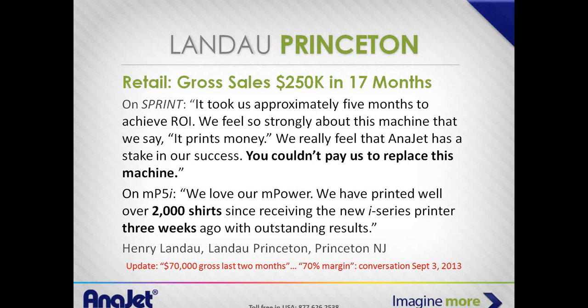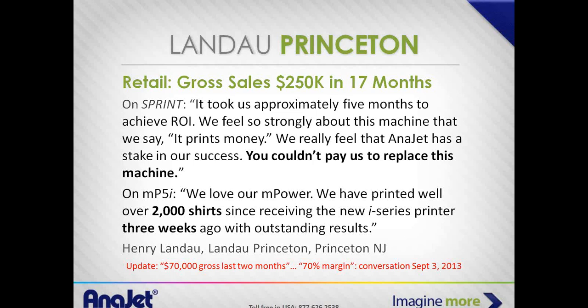He paid us because he traded the Sprint in and got an MP5i. And in a very short period of time, as you can see there, 2,000 shirts since he got the series in 3 weeks. And updated to last fall, $70,000 he grossed in 2 months with a 70% margin.